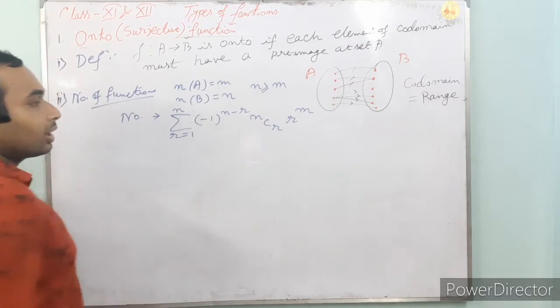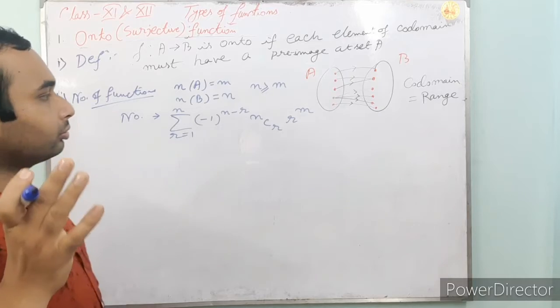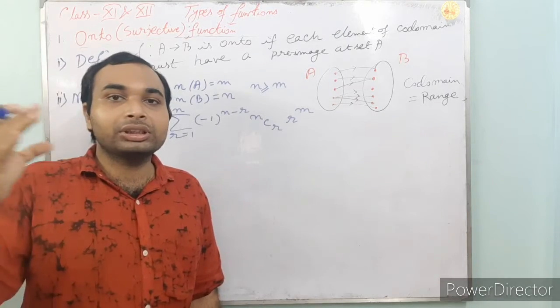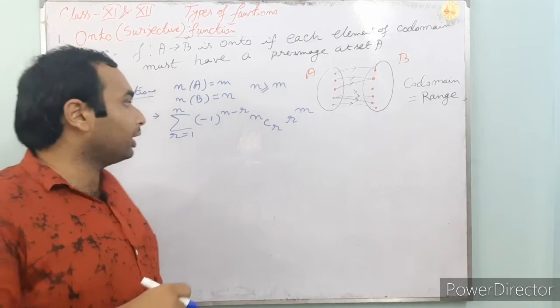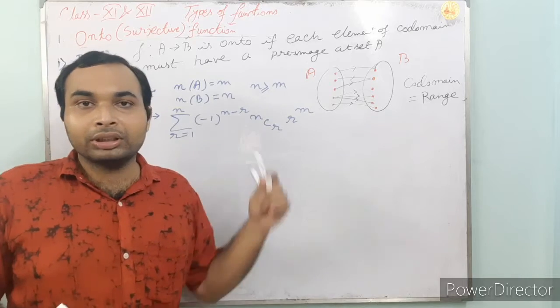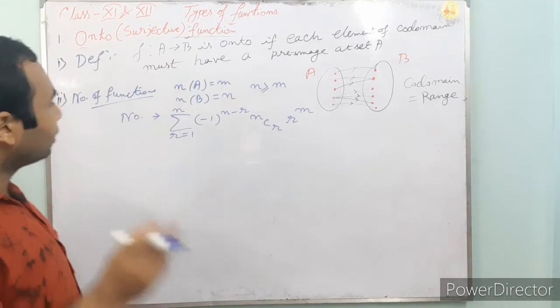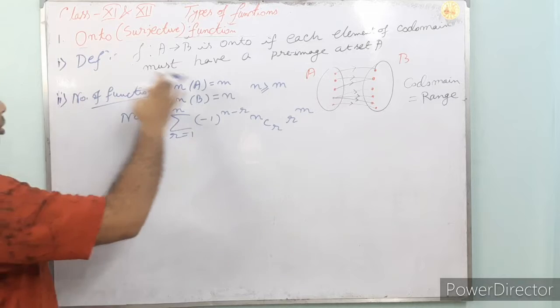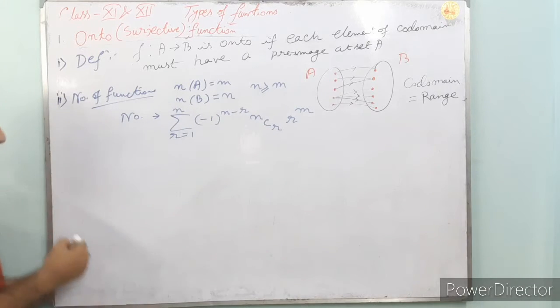Actually nCr means the combination. Class 11 students will read permutations and combinations after some days, and class 12 students know this. Just keep in mind the number of onto functions will be this.